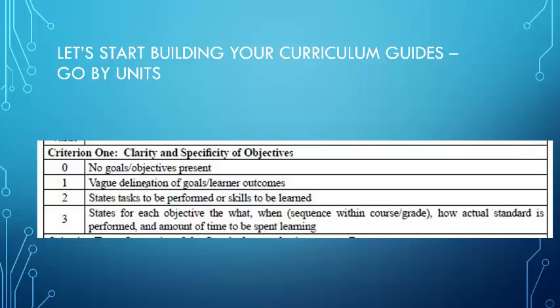In order to receive a 3, you need to state for each objective the what, when, meaning sequence within the course, and how the actual standard is performed and the amount of time being spent on learning. So you can see that we're moving into that number 3 rating because we're putting the days in there, and you can address some of the other things to raise it up to a 3.